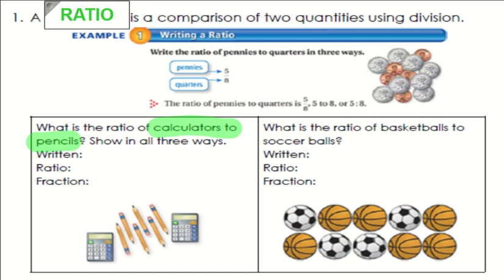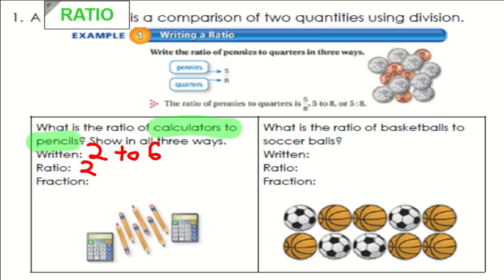So for a written ratio, we got calculators. How many calculators are there? 2. And then how many pencils? 6. So that's how you write it. A written ratio uses the word "to". So we got 2 to 6. Okay? The next one is just a ratio. What that's going to use is a colon.